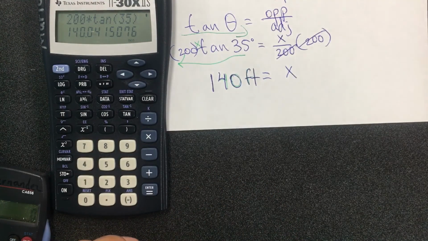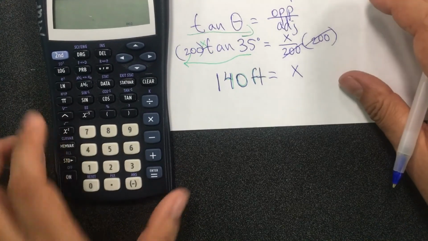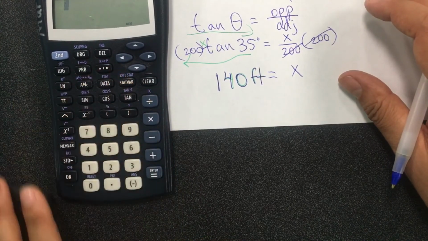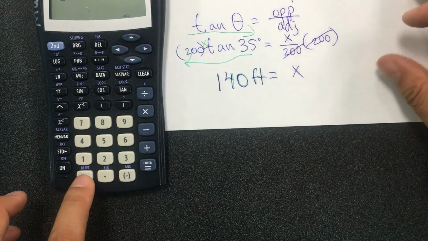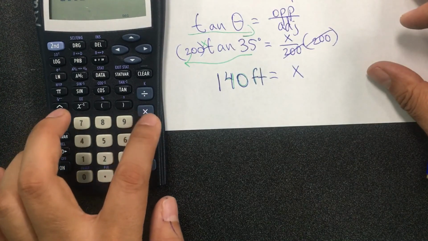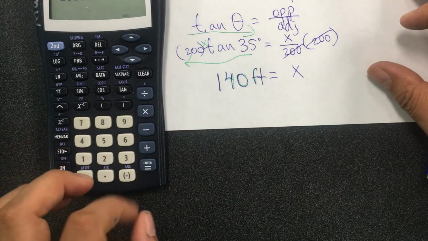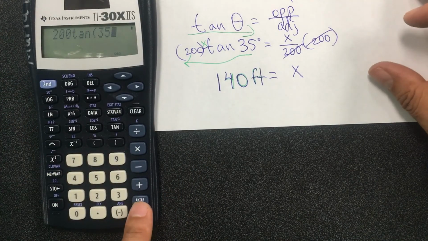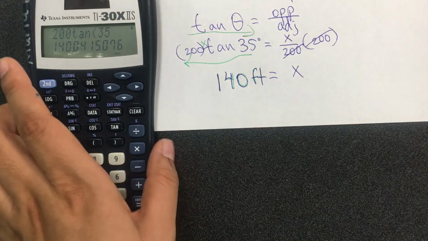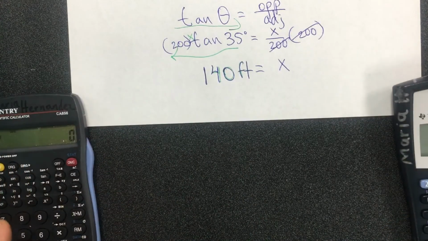Something that I want you to see is that even if you don't close it in this one, and I'm talking about this one because there are others that do need to have that parenthesis. So 200 tangent 35, I'm not closing it. I'm just going to press equal, and you get 140.041, etc. Okay, so let me just write it down for the two different calculators.